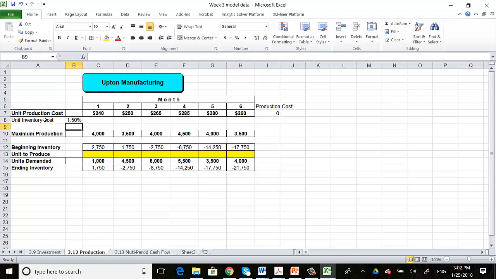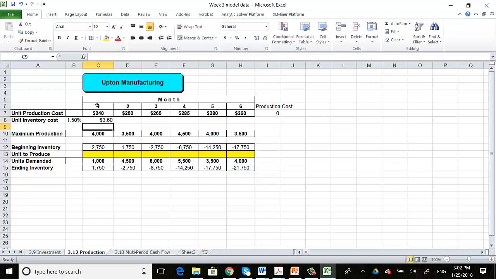So this one multiplies this 1.5%, and I want to fix this 1.5%, so F4. You only need to fix the column number, but it doesn't matter if we fix the entire cell.